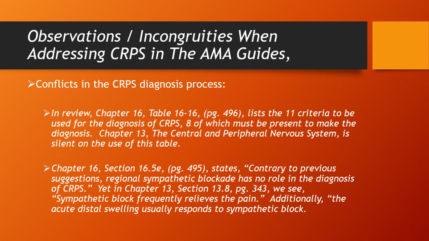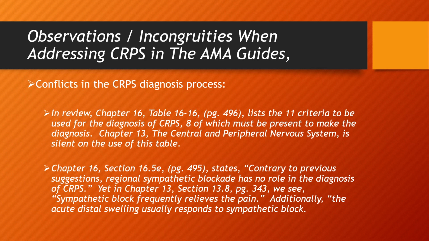Okay, let's move into some conflicts that I was able to ascertain when you have this CRPS diagnosis process. In review of Chapter 16, Table 16-16, which we discussed, there's a list of 11 criteria that are used for the diagnosis of CRPS, and we discussed that early on in this program. 8 or more must be present to make the diagnosis, and they have to be present concurrently.